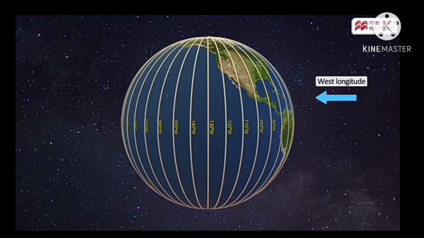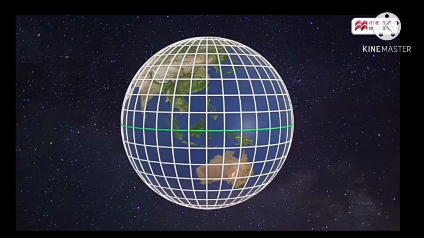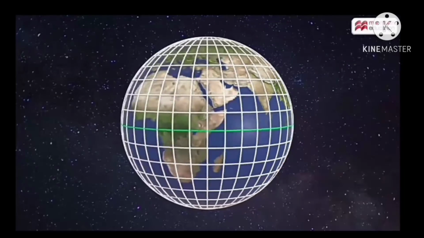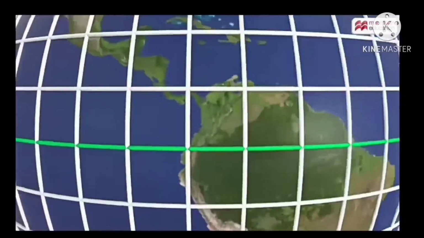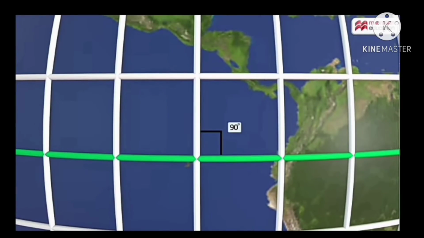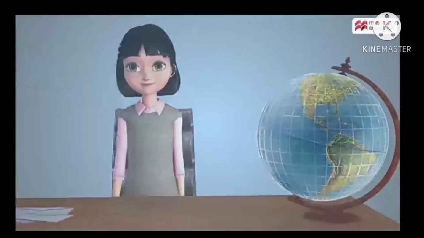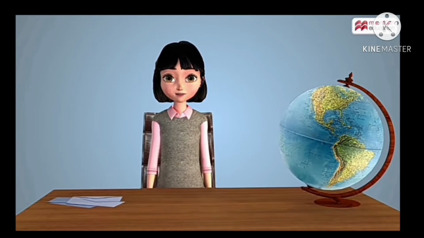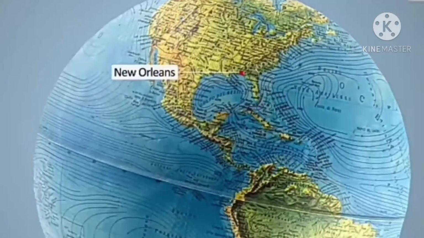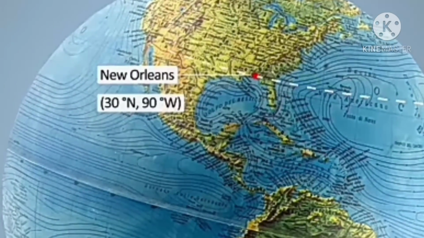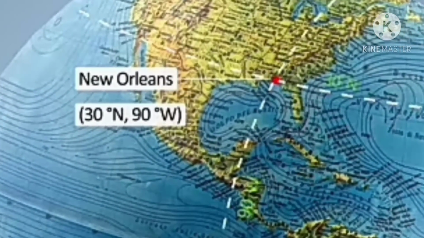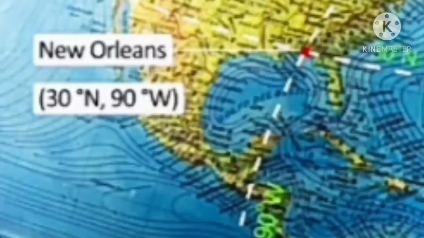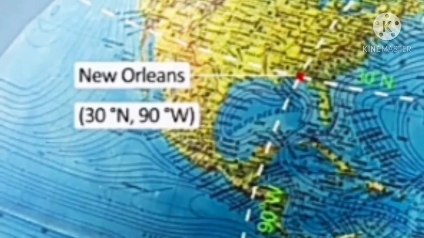Latitudes and longitudes form a grid in which they intersect each other at right angles. So, while reading the location of a place on the earth, you need to know the degrees of latitude and longitude. For example, the city of Orleans is located at 30-degree north and 90-degree west.